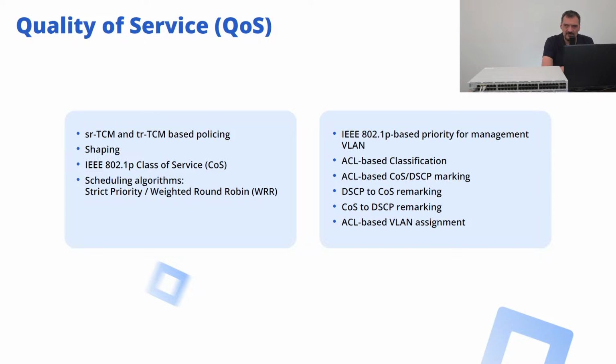Although we're trying to deliver non-blocking architecture switches to the market, sometimes it may happen that not all the uplink ports have the throughput of all their downlink ports, which is important. So the traffic can be stacked at the uplink layer or at the upper layer, and to prevent this, we are implementing QoS.